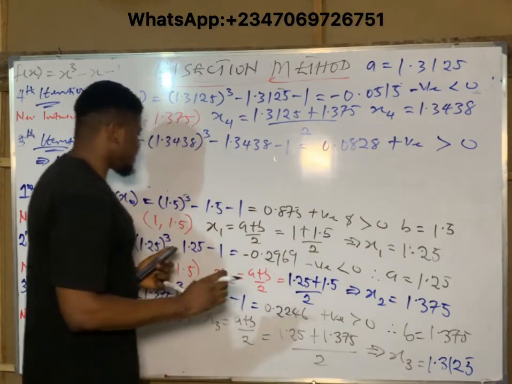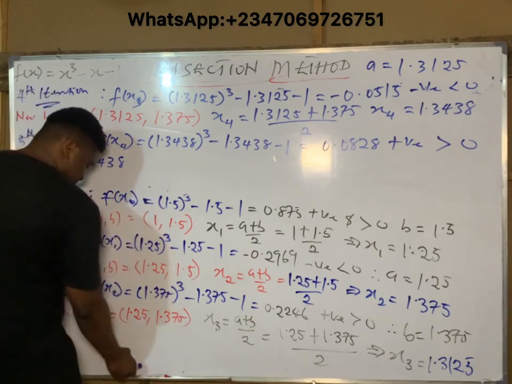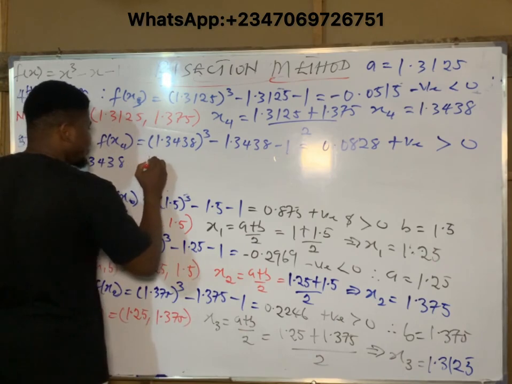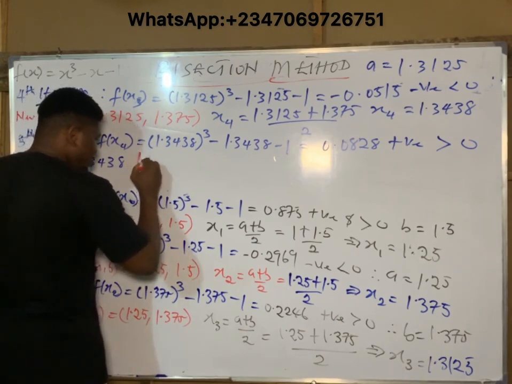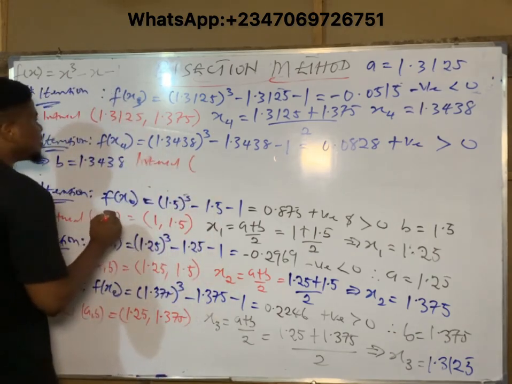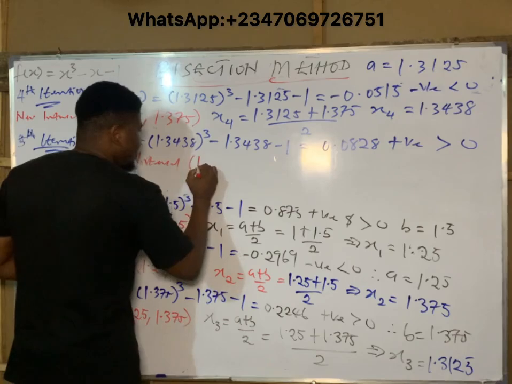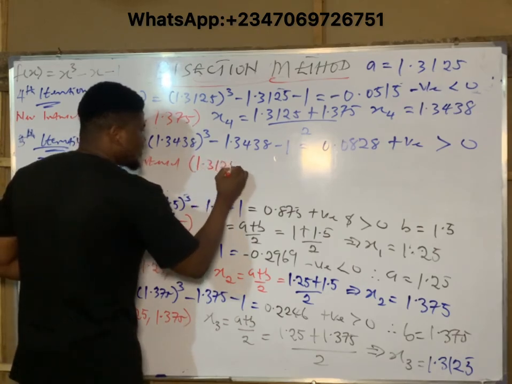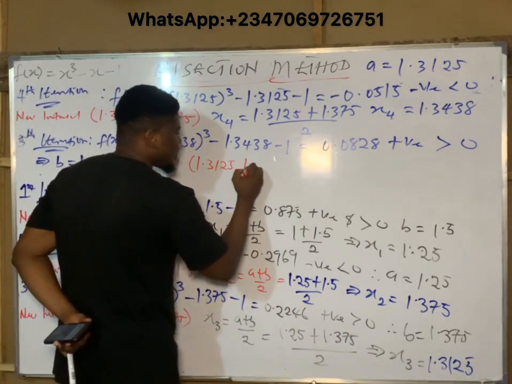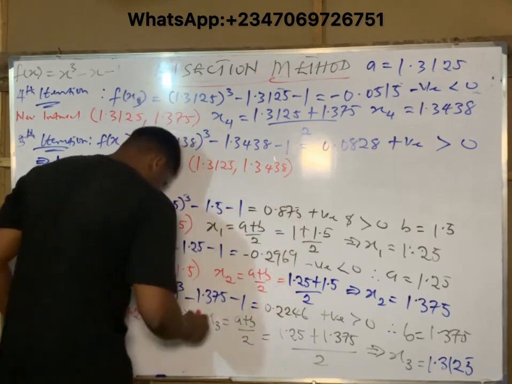So if we have this, it means now that the new interval becomes a, which remains 1.3125, and b now is 1.3438.